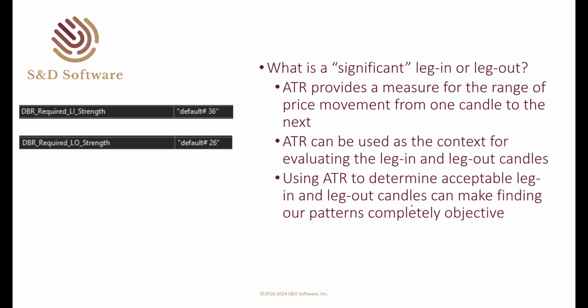And we can use the ATR to determine what an acceptable leg in or leg out candle may be. So our settings here for the leg in strength or the leg out strength are going to be specified as a multiple of the ATR.